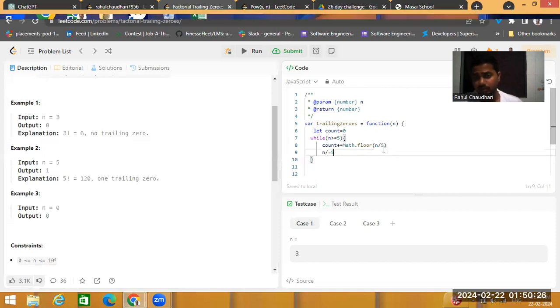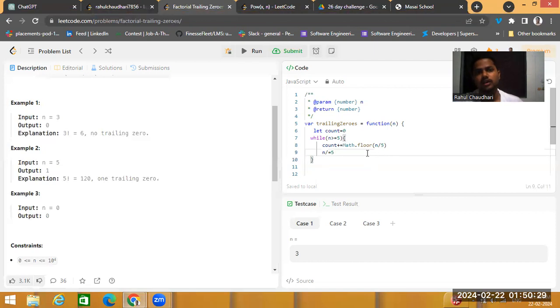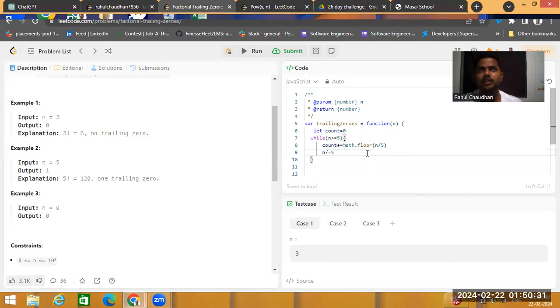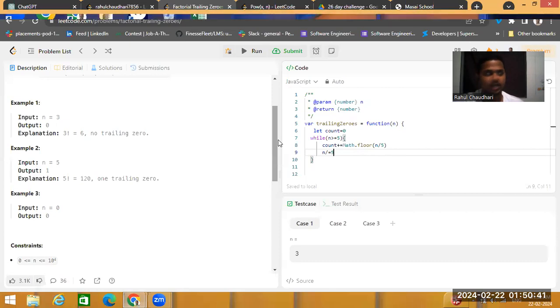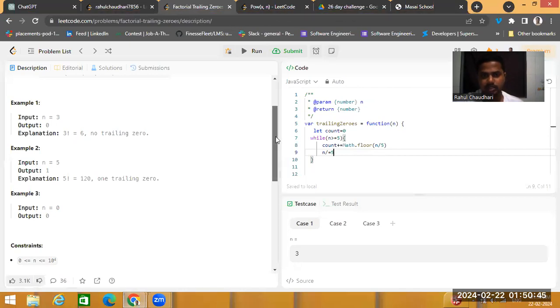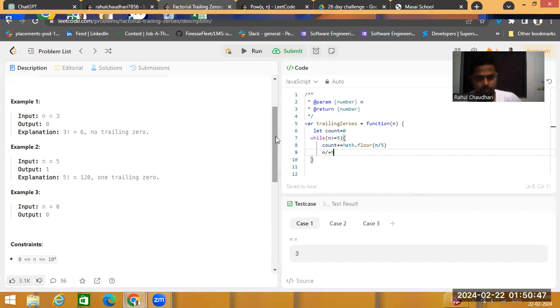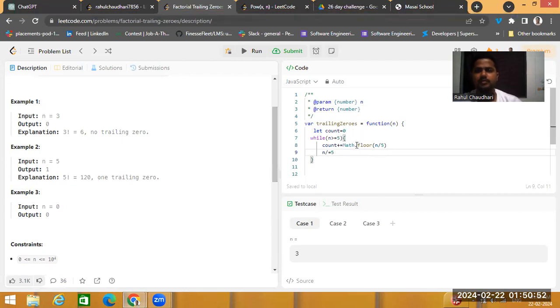So it will find the factors of 5. How many factors of 5 are there? If we need to find for 25 factorial, how many zeros are trailing? So 25 divided by 5 makes 5, right? So there are 5 numbers, and if we divide 5 by 5, it gives 1 also.